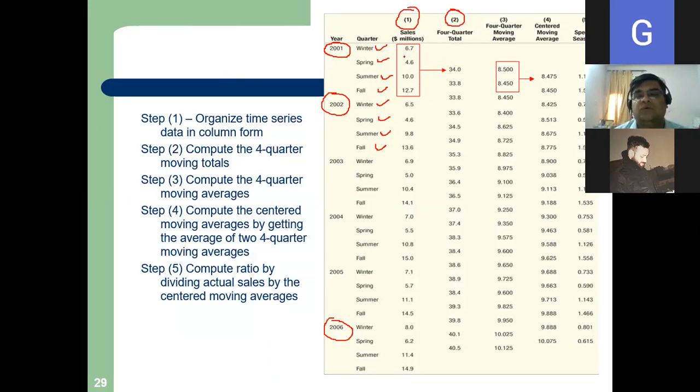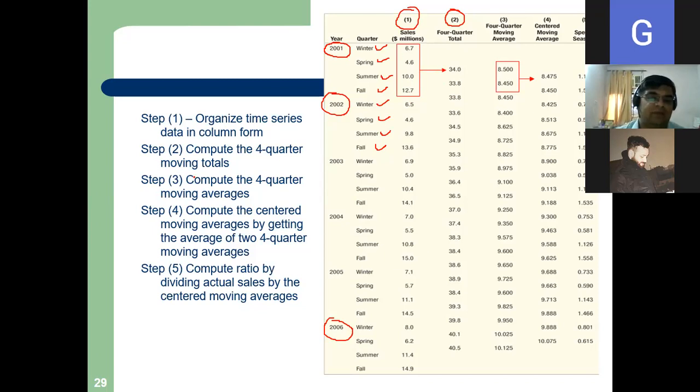Now quarter is always 4. In a year there are 4 quarters. In the previous problem we did 3-quarter, 3-month data, but now it is 4 quarters, right? The problem with 4-quarter data is that we can calculate the average, but after doing the average, where to write the average?